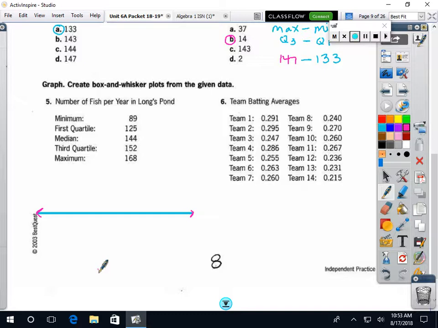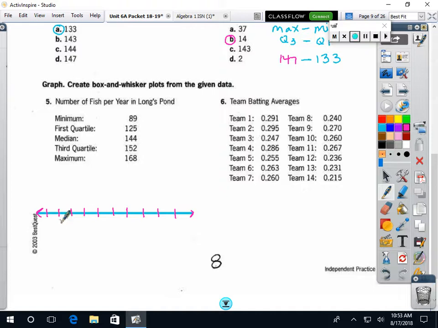The first thing you need to decide is how to scale your number line. You know that it's got to go all the way from 89 to 168. So I would start it maybe at 80 and finish it at like 170. And then I would go by intervals of 10, like 80, 90, 100, 110, 120, 130, 140, 150, 160, 170.